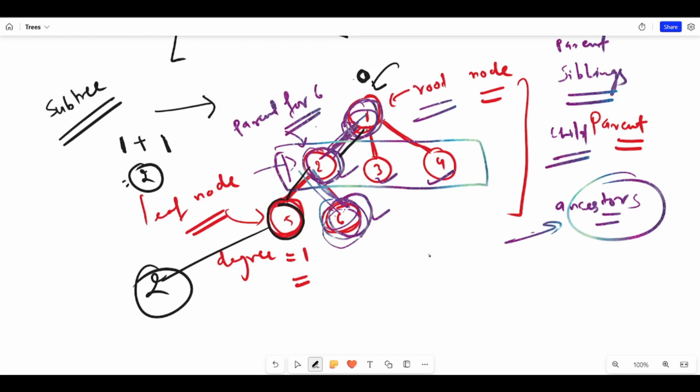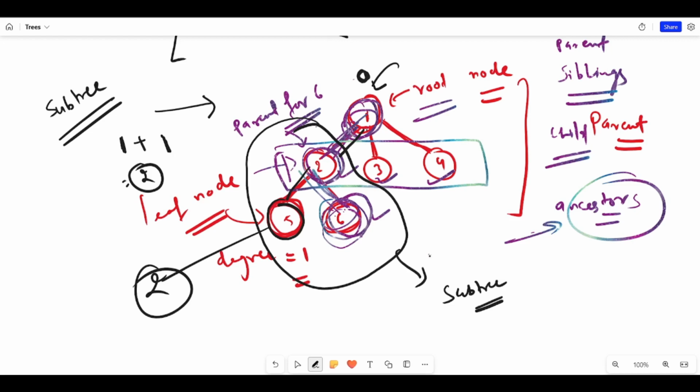Like here for node number 1, this set of nodes containing 2, 5, and 6 is a subtree. For node number 1, this set of nodes containing only one node, that is node number 3, is another subtree for node number 1. This set of nodes which contains only node number 4 is a subtree for node number 1.